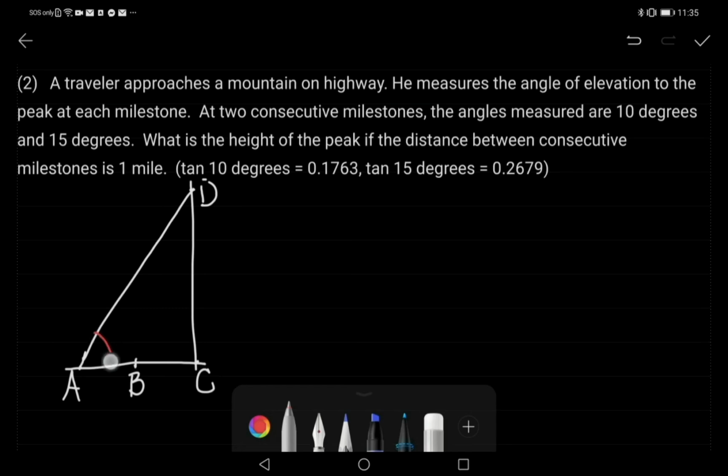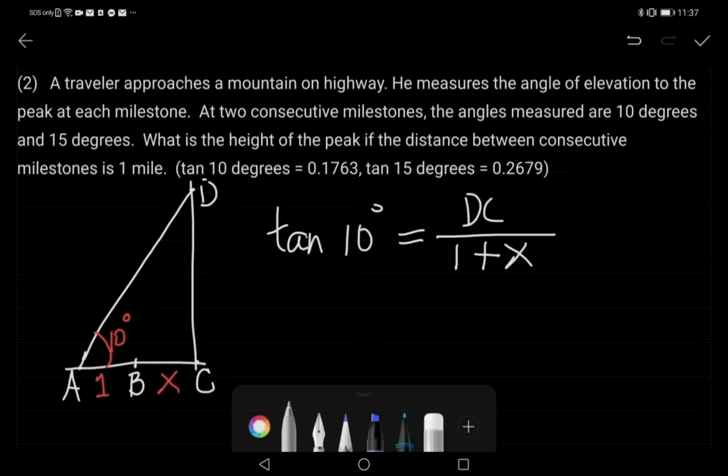So this is 10 degrees and this is 1 mile from A to B, and from B to C is X.